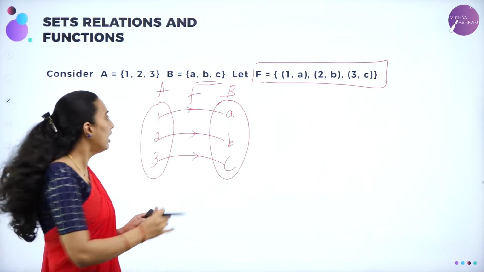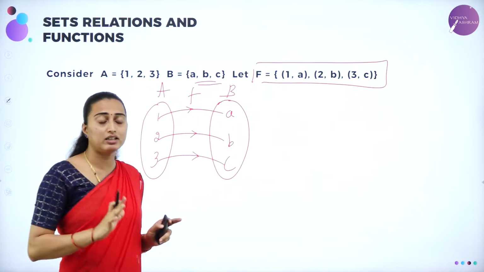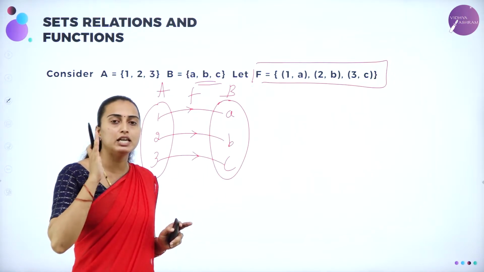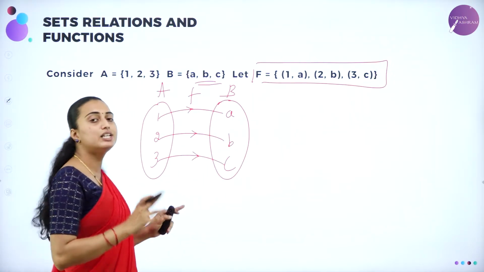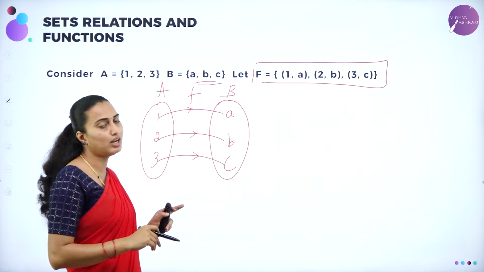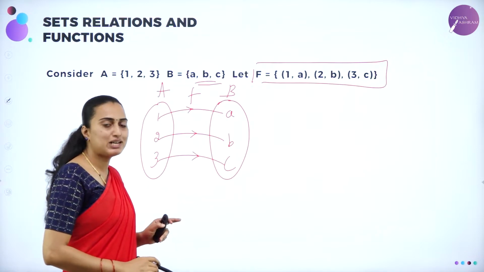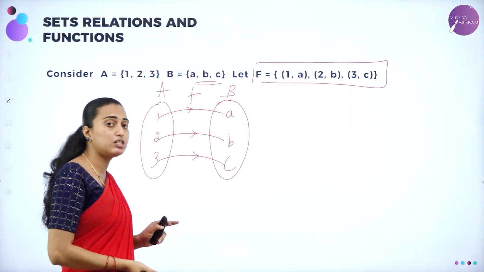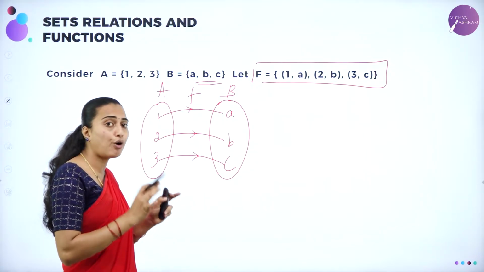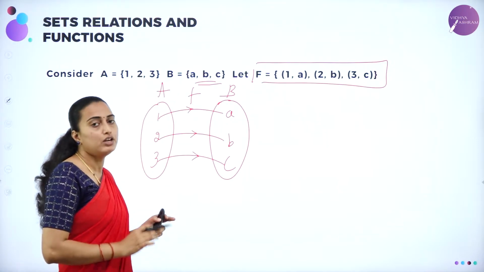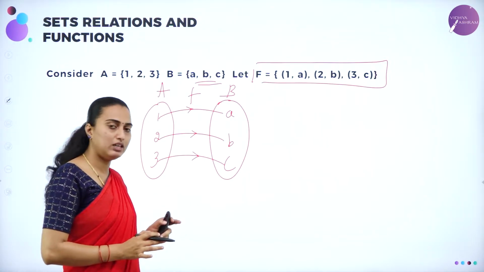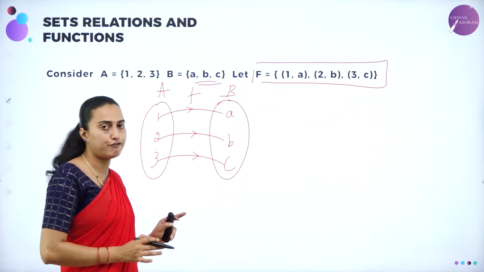The right hand side set elements are known as the images. Left hand side set elements are known as the pre-images. Every element of A must have a unique image in B. That is going to be known as the function.